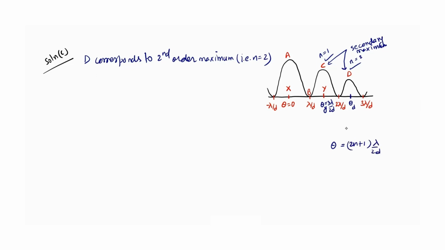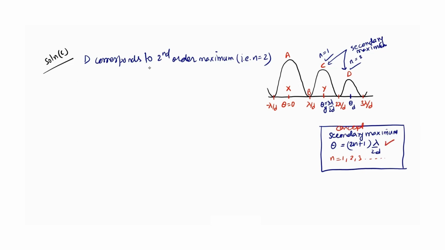So this is for secondary maximum, and we have n equals 1, 2, 3, and so on. So I'm going to use this relation.